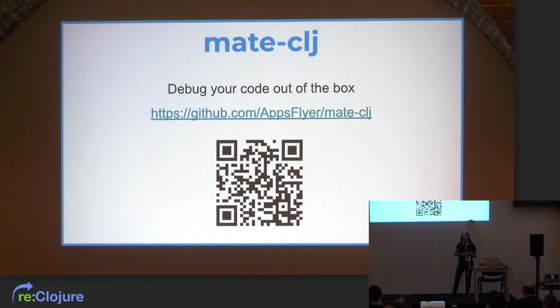So mate-clj will keep the functionality of the macros and functions the same, but with an added bonus of printing to the REPL every execution step and the final result, of course. And let's see how it works.